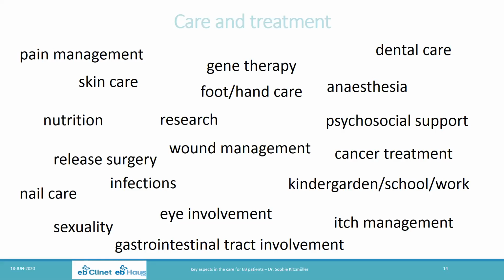They have teeth like a healthy individual, so it's not a problem for them. But for example, going to kindergarten, going to school, or having to work is an issue for all of the forms. Whereas release surgery is only an issue for severe forms. But you see how diverse the care and the treatment for our EB patients is.